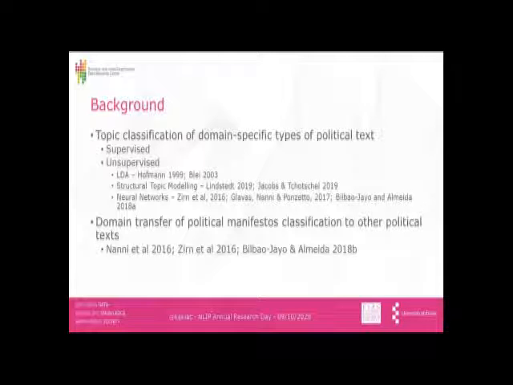And there has been some work around domain transfer of political manifestos classification to other political texts. So this is not completely new, but it's one of the few pieces of work that are using that at the moment.